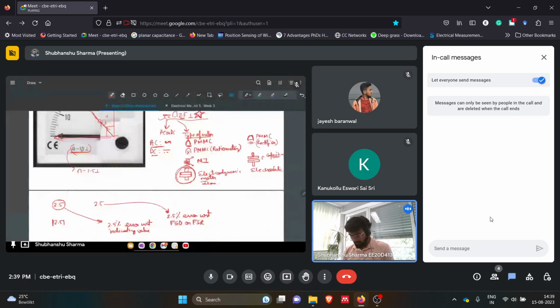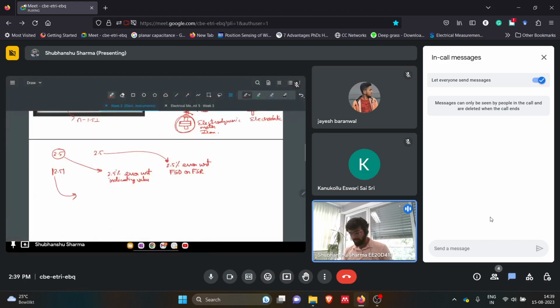Now if you have this modulus kind of symbol on our meter, then the error is a 2.5 percentage error with respect to the span of the meter. And this span means the range of the meter, that is, the maximum value of the meter minus the minimum value.